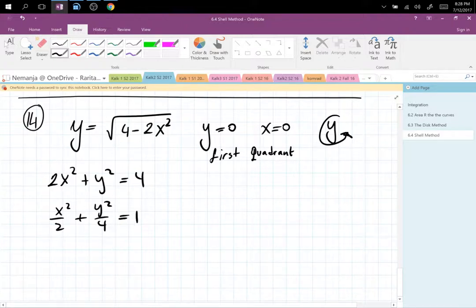This is an ellipse, and it's just the first quadrant of the ellipse. So the radius on x is root 2, radius on y is 2. If we are graphing this, radius on x is root 2, that's about 1.4, and then this one is 2. So that's how it looks.